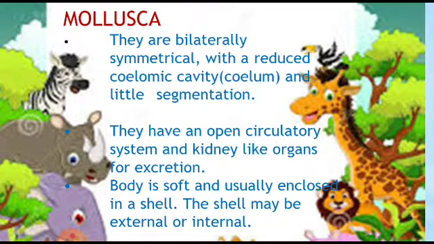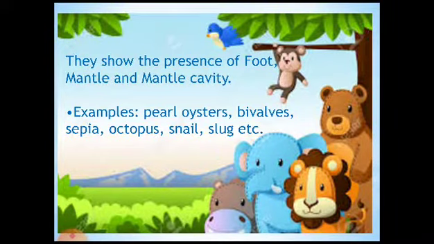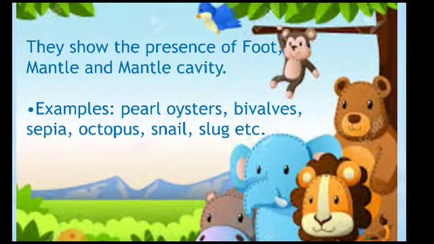Here is a point of difference. You can see the shell may be external or internal. They show the presence of a foot and mantle cavity. Examples of this phylum are pearl oysters, bivalves, sepia, octopus, snail, slug.